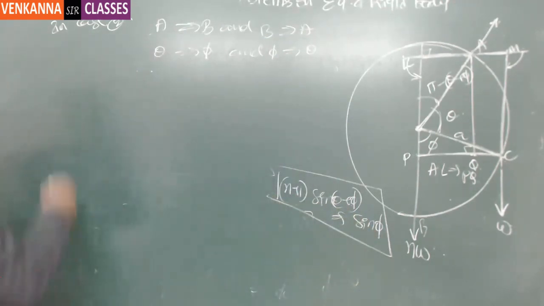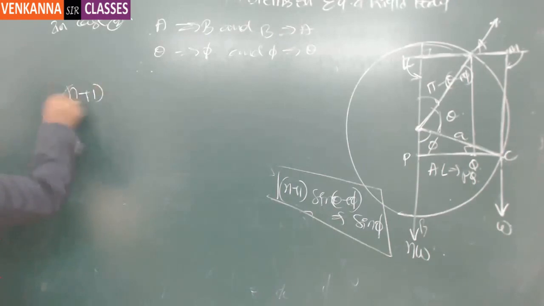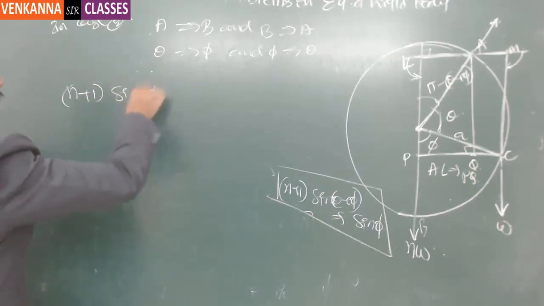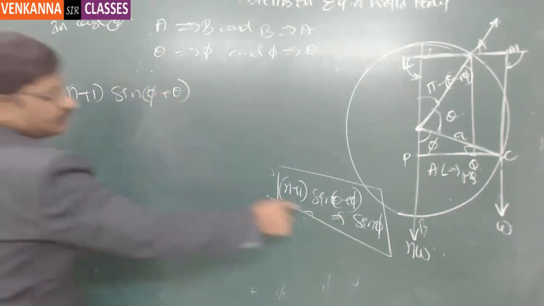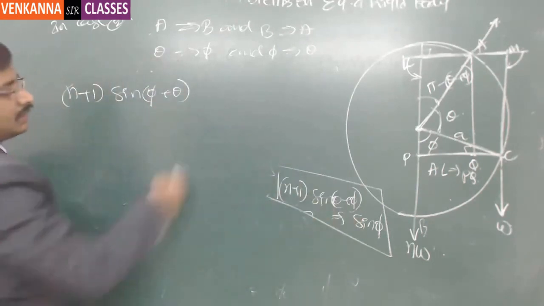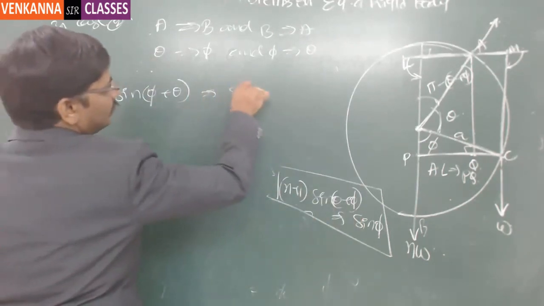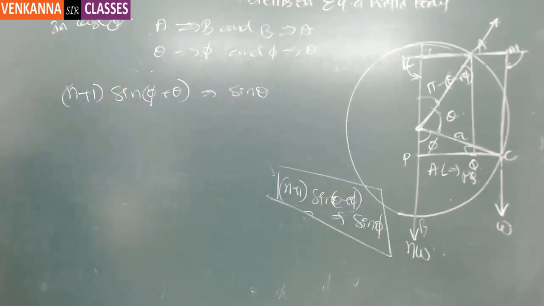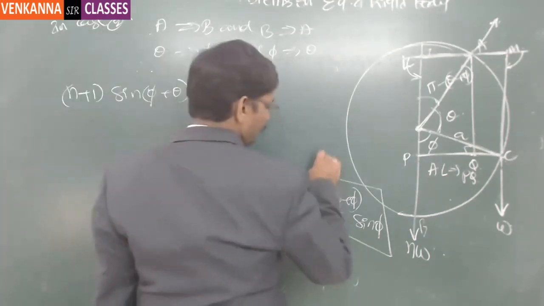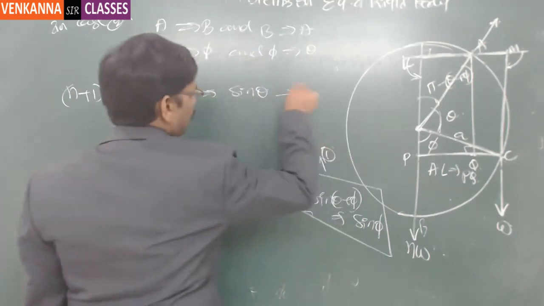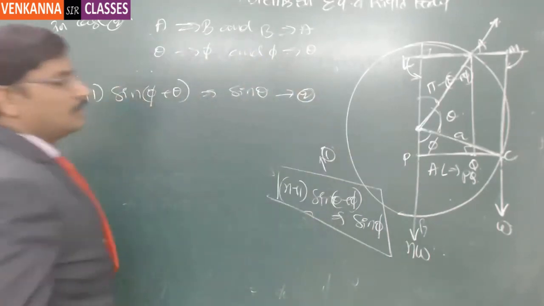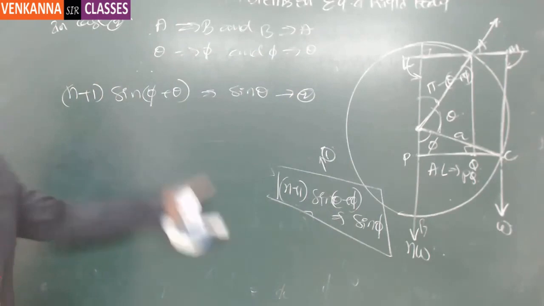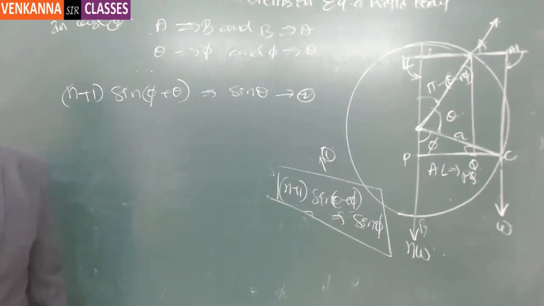Exactly we will get the same relation. N plus 1 times of sine of phi plus theta. I have interchanged these terms. Theta plus phi became phi plus theta is equal to sine theta. So this is equation number 1 and this is equation number 2. From these two equations, you can manipulate and get the value of sine theta plus phi. Got it?